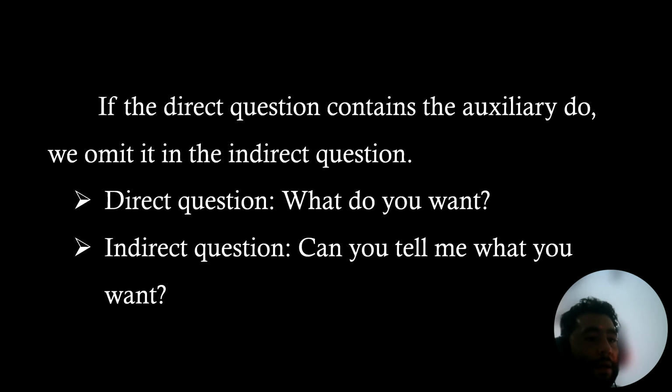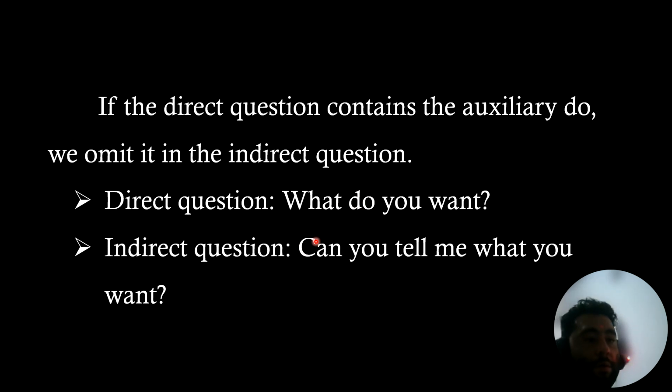Remember that when we have auxiliaries, for example, do, or in the case of past, in those cases, we omit the auxiliary or we conjugate the verb. In this case, what do you want? Okay, well, in this case, we need to eliminate.